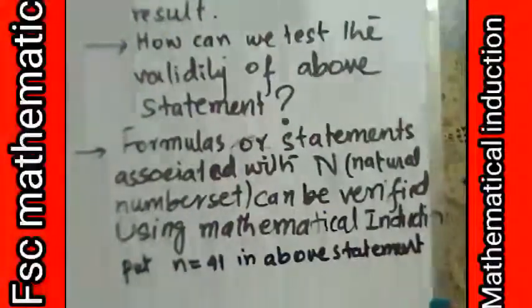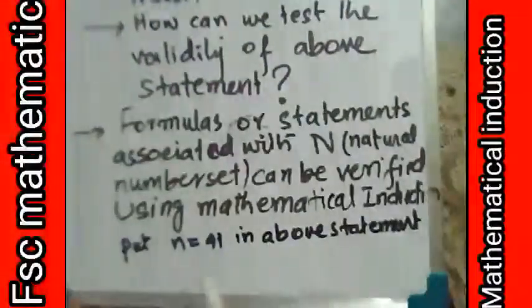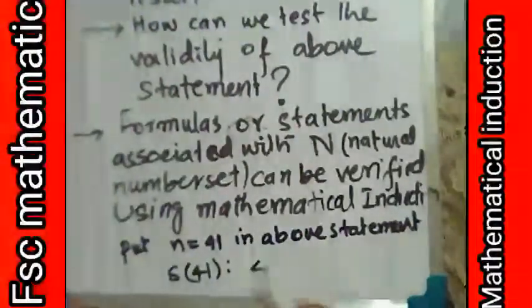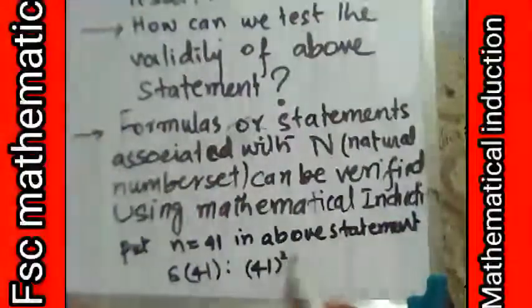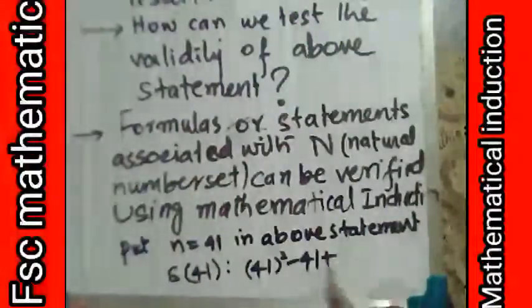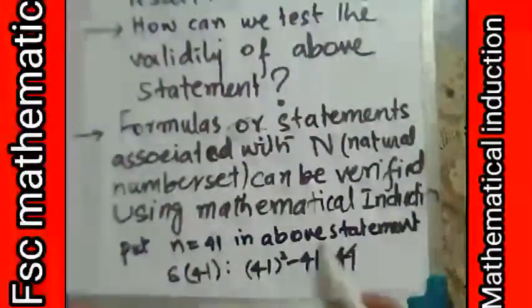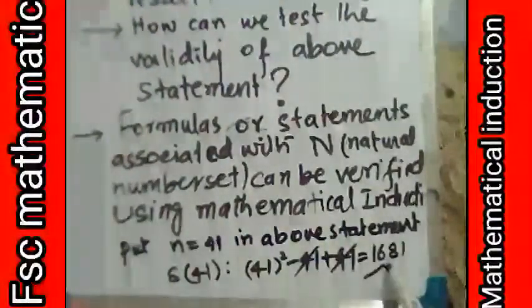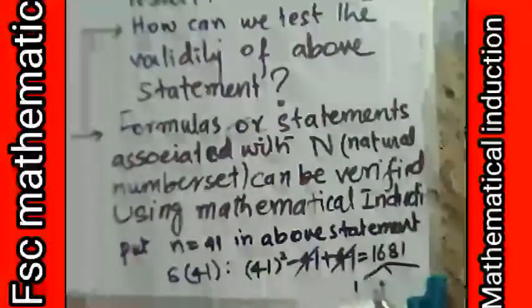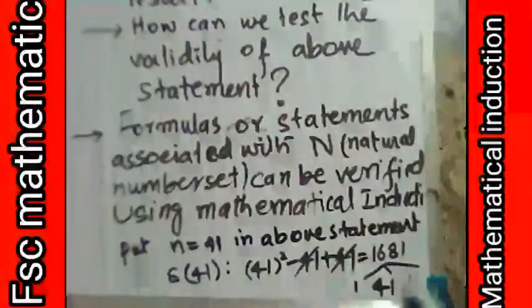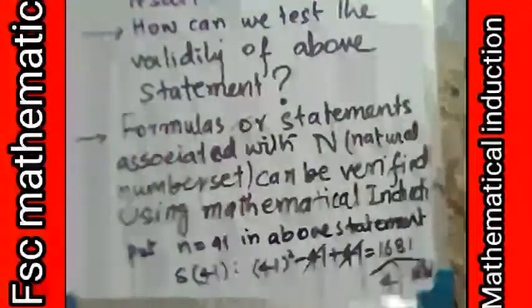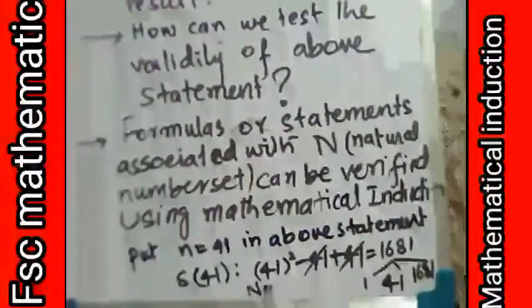If we substitute n equal to 41, what do we get? 41 squared minus 41 plus 41. It will be 1681. How many factors does it have? Its factors are 1, 41, and 1681 itself. So the output is not a prime.